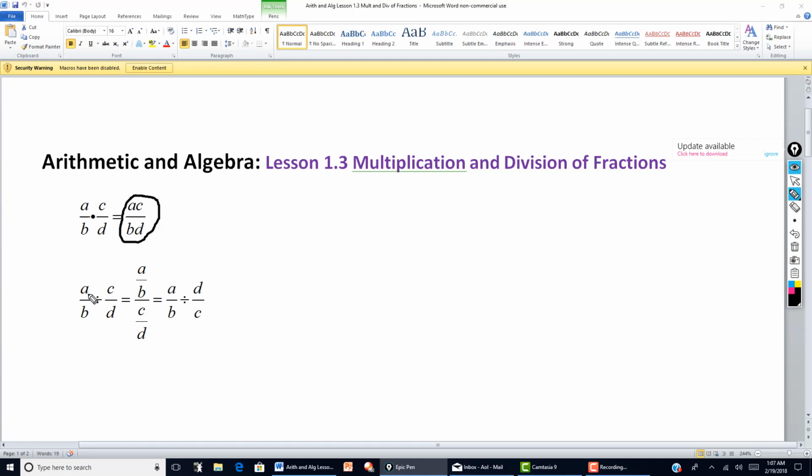Now, over here I have a over b divided by c over d. It can be written in this form: a over b, and then c over d. And basically, the way I get this step right here is I'm multiplying the numerator and denominator by the reciprocal of the denominator.